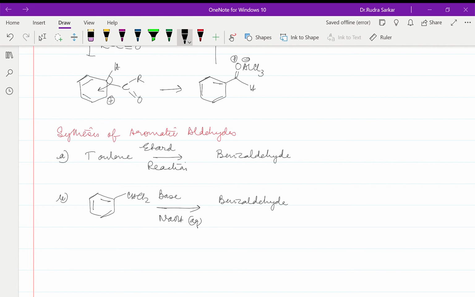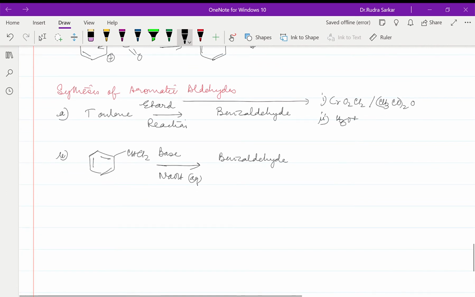The reagent for Etard reaction obviously is chromyl chloride, which is CrO2Cl2, in acetic anhydride, and which is worked up with the acid to give us the benzaldehyde. So these are two procedures.